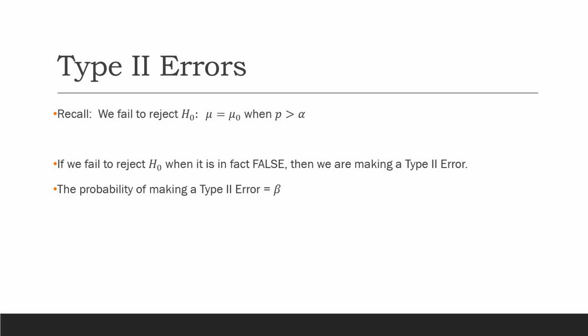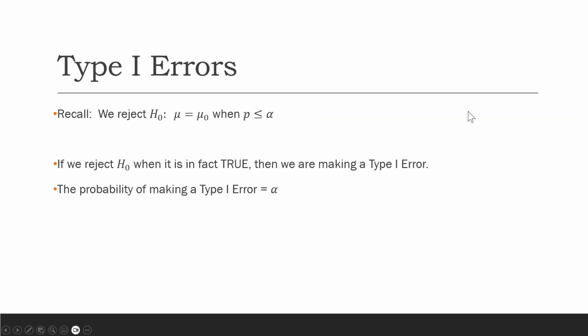Now, we don't usually set beta for our study, but we set something related to beta in our study. And so, what I'm going to actually do is skip over a slide and go ahead and talk about the thing that's related to beta. Because I already said in that last slide, alpha is the probability of a type 1 error. And we usually set that type 1 error rate before we conduct our study.